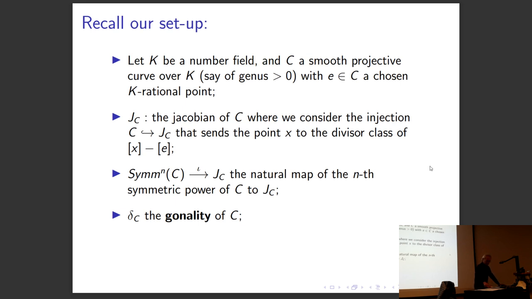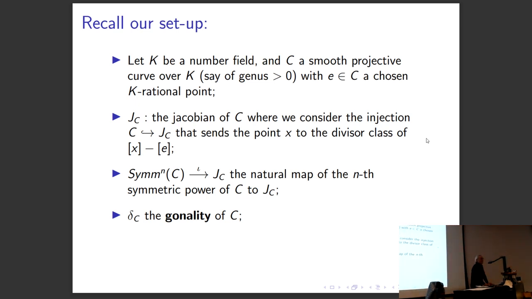Now, the gonality of C is the smallest degree that C allows for there to exist a non-trivial map to the projective line. So if you're genus 0 and over an algebraically closed field, the gonality is 1, but beyond that, you're not going to get much gonality 1.